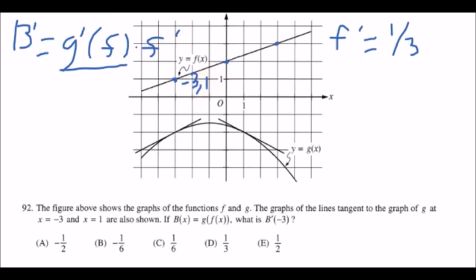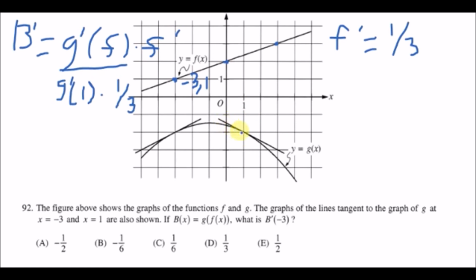So now we're looking for g prime of 1. There we go. Good. G prime at 1 times, of course, our f prime. And we can just substitute that in right now. Times 1/3. So we get g prime of 1 times 1/3. And this, again, is a really nice line that they're giving you.